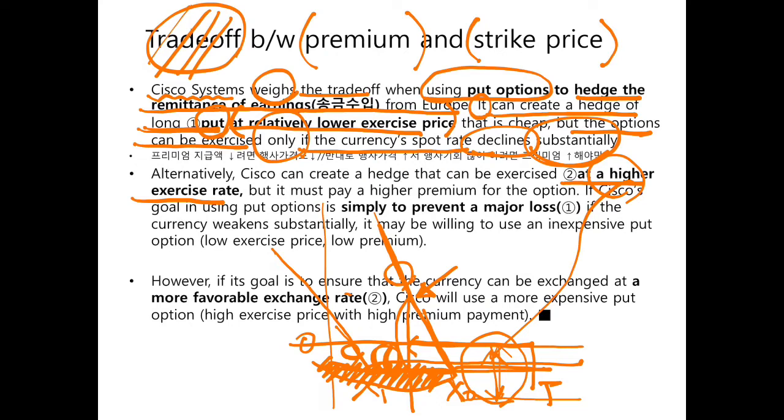On the other hand, if Cisco's goal is just to ensure the currency can be exchanged at a more favorable exchange rate, then rather than purchasing the lower exercise one with the lower premium, I will consider purchasing a put option with a higher exercise price and its associated higher premium, right? That's the trade-off concern. Now let me move to the next slide.